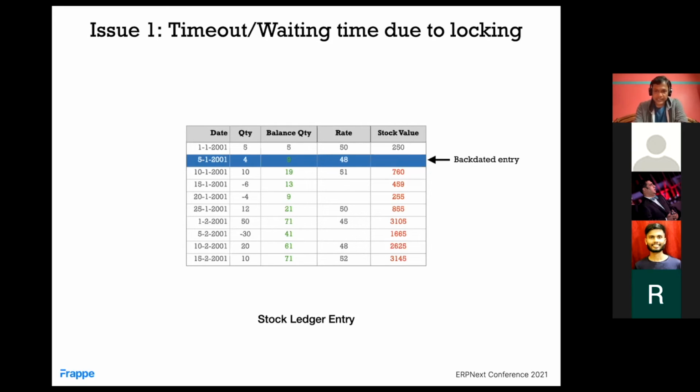As soon as we submit that stock transaction, the balance quantity will be updated for all the future ledger entries, but the stock value part will be managed via reposting. While doing reposting, the background worker locks all the future rows to avoid updates of those values by other processes.